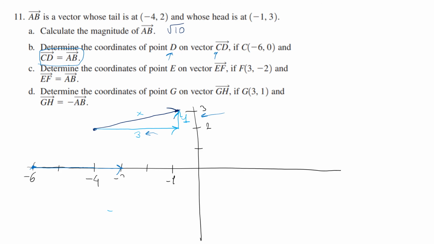So the x component is -3. And if I move up 1, it will bring me to y equals 1. So actually my vector is this. And if they want the coordinates for D, that is just -3, 1. That is the point right over here.